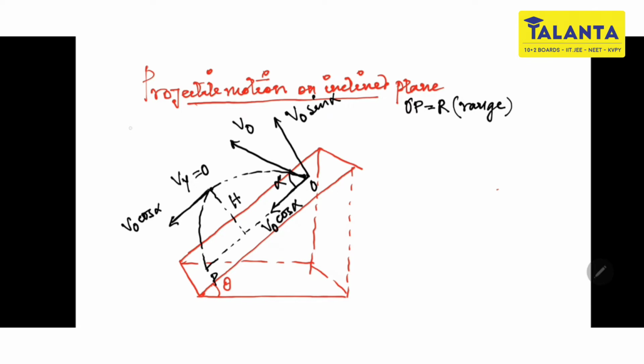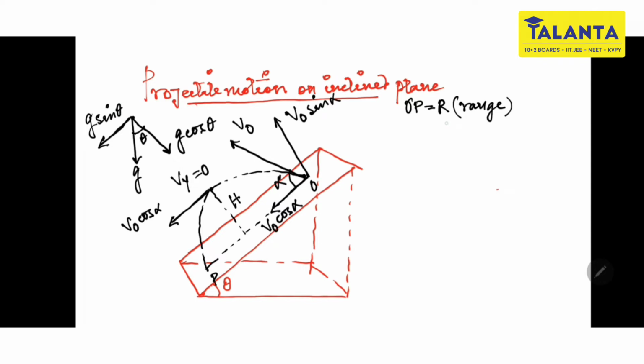Now here the acceleration due to gravity is also acting at an angle of theta. Therefore along this the component is g cos theta, and along the inclined plane the component is g sin theta.